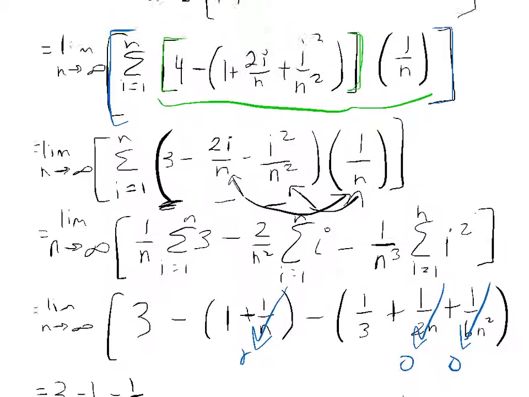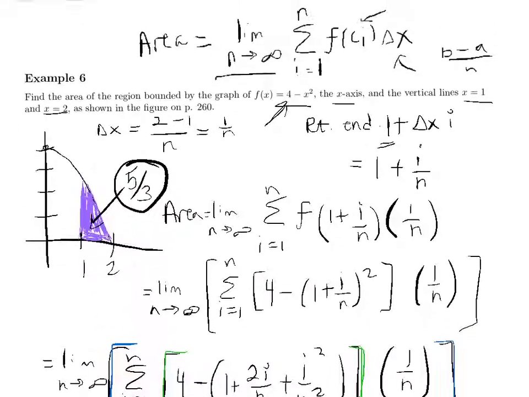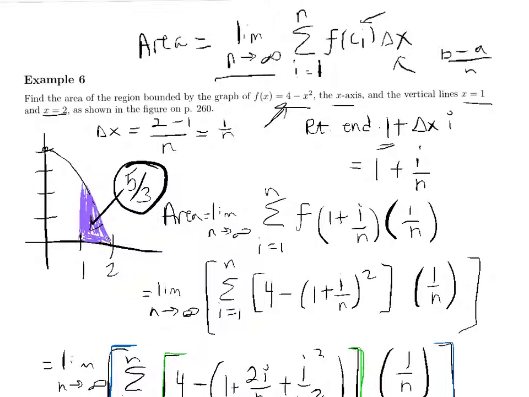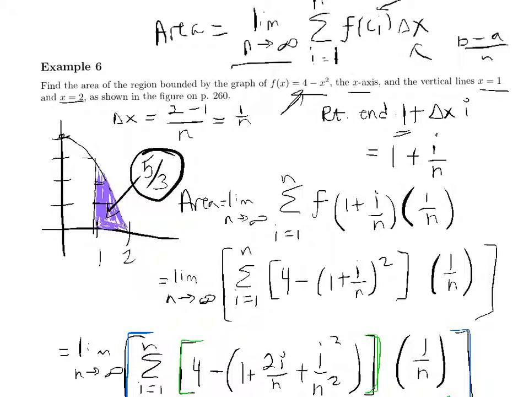All right, think about it graphically. If you had to break this into cubes, I didn't quite draw it correctly. It would definitely be bigger than 1 and less than 2. So 5/3 is a pretty good approximation at least. But what we're saying is that that's exactly the area.